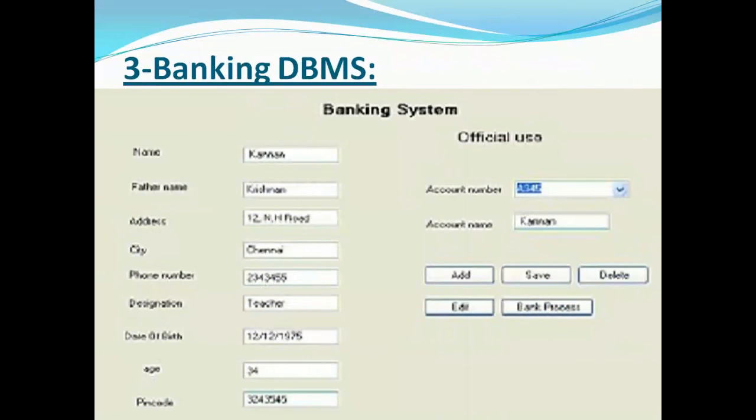Third is the banking database management system, for storing customer info, tracking day-to-day credit and debit transactions, generating bank statements, etc. All this work is done with the help of the database management system.